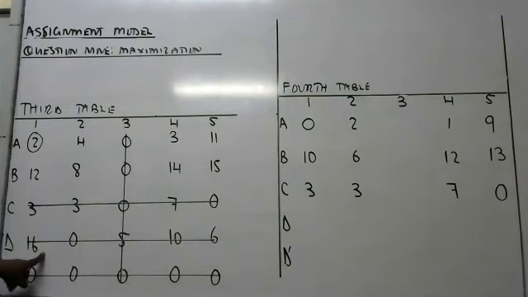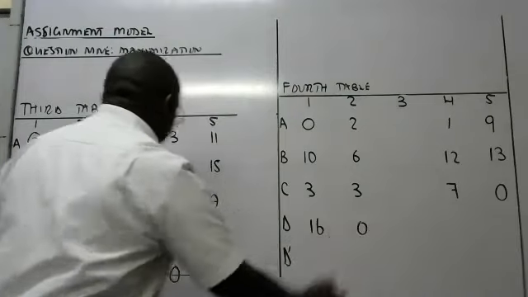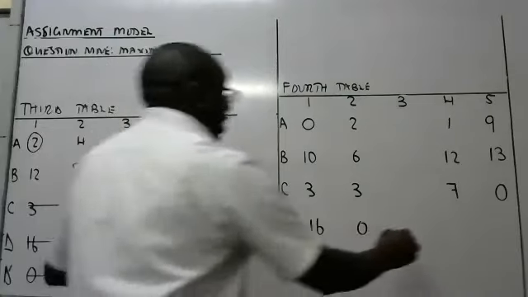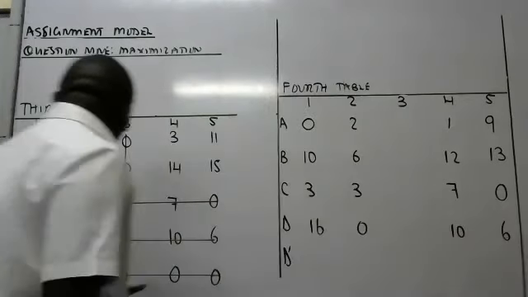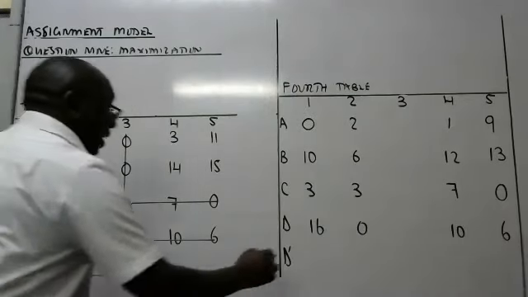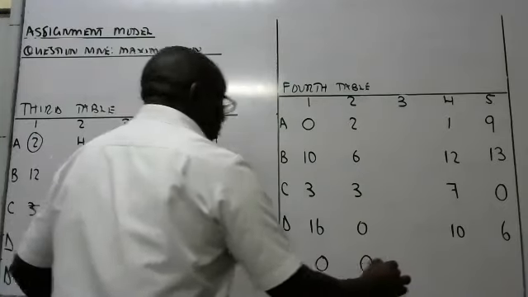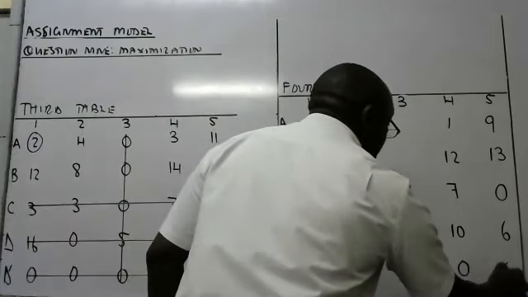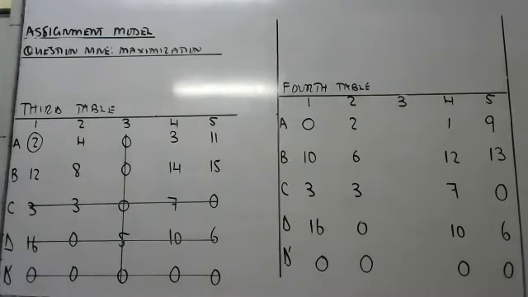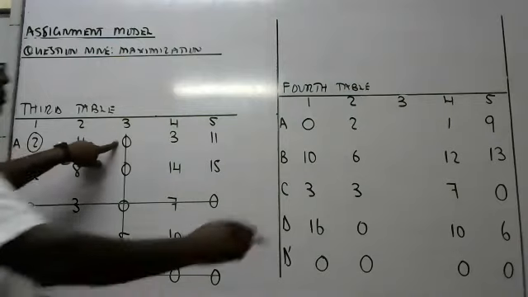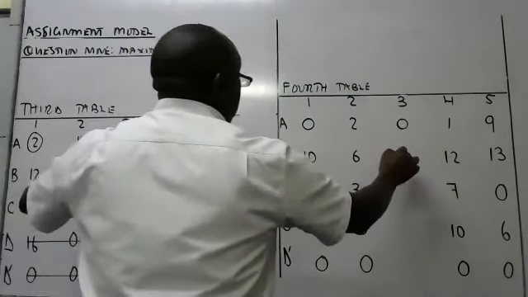I go to D, I retain 16, then 0, then I retain 10 and 6. I go to dummy, I retain 0, 0, then 0 and 0. Then I go to column 3. I retain 0 here, and I retain 0 here.